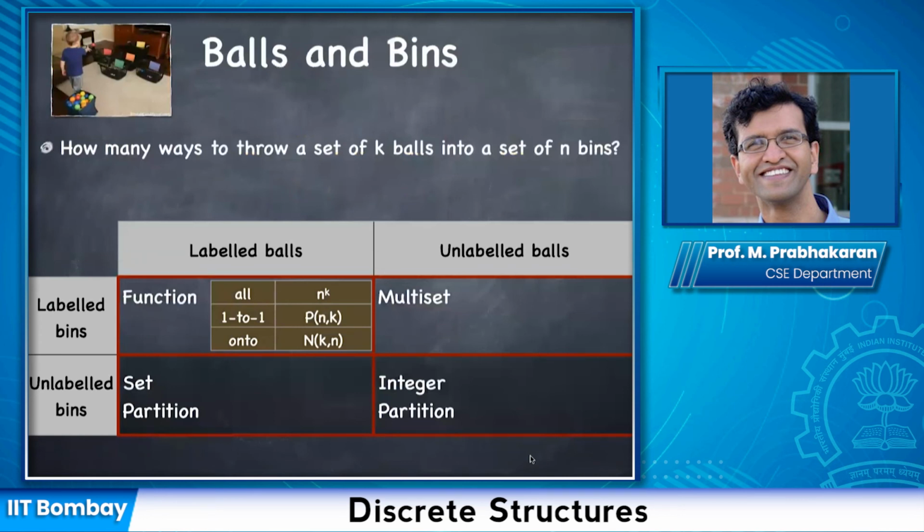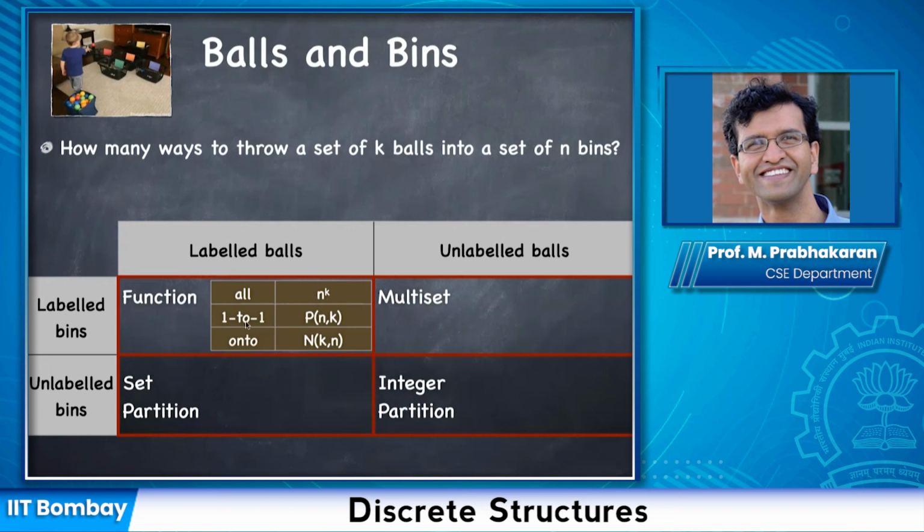So to summarize, what we discussed so far is a case of labeled balls thrown into labeled bins, and the total number of ways in which you can do that for the 3 different cases. In the unrestricted case, it is all functions from the domain of balls to the codomain of bins. That's n to the power k.